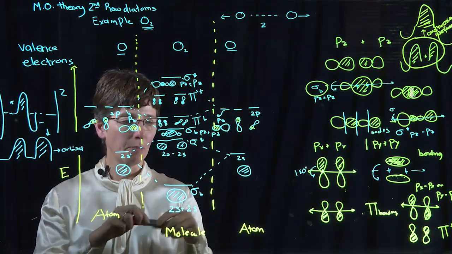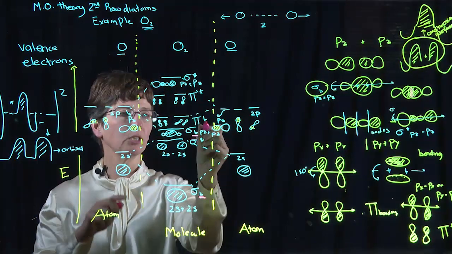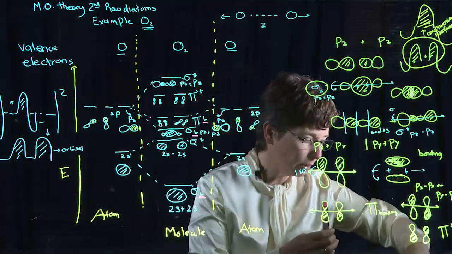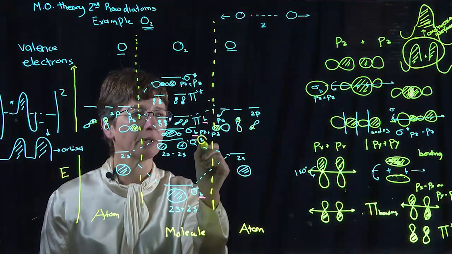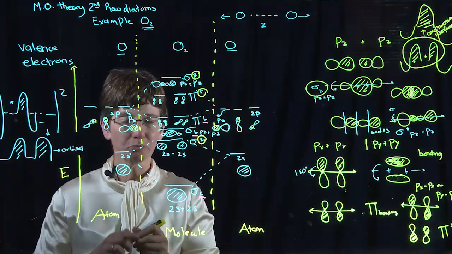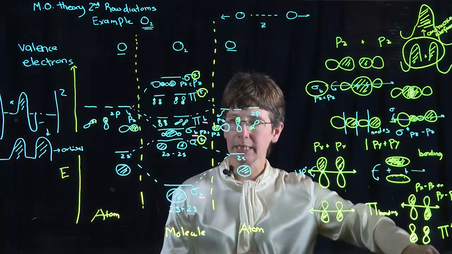Check. Our bonding molecular orbitals were always lower in energy than the atomic orbitals that they came from, and our antibonding orbitals were always higher in energy than the atomic orbitals that they came from. Check.